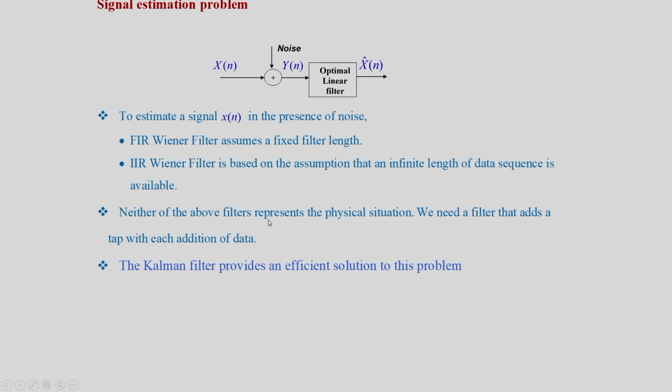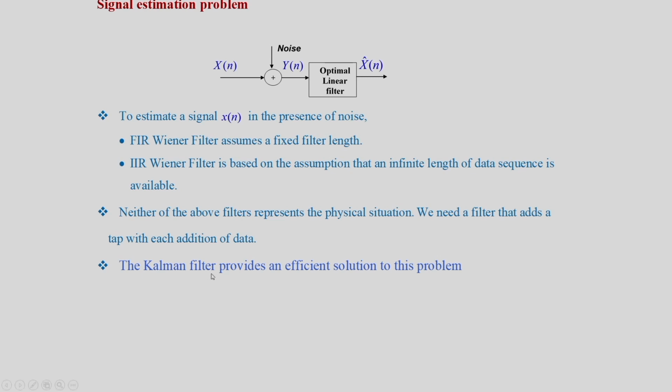Neither of the above filters represent the physical situation, because data is neither infinite nor it is of fixed length. We need a filter that adds a tap with each addition of data. So, a new sample comes, then filter length will be updated by 1.